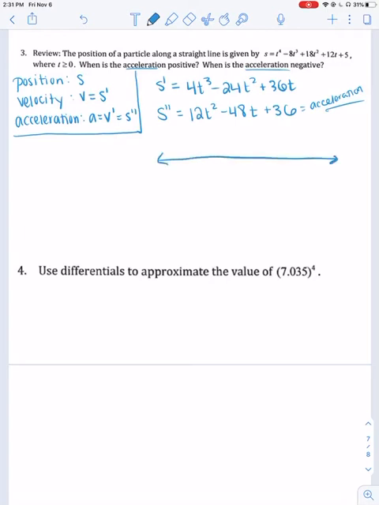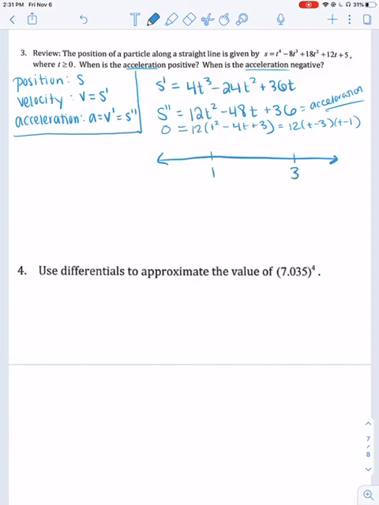We just need to know when this function, s double prime, is positive and when it's negative. I guess before that I need to find the critical numbers. So factor this: 12 times t squared minus 4t plus 3, and that's going to be 12 times t minus 3 times t minus 1. So positive 1 and positive 3.